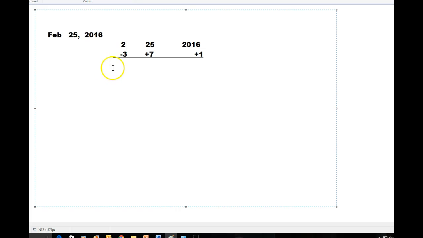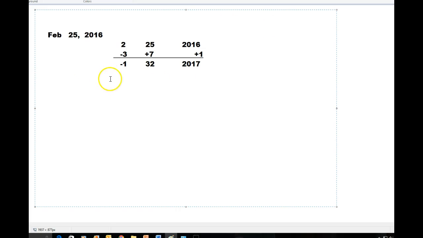So when you subtract 3 from 2, you obviously have -1, right, you guys? -1. And then you're going to have 32 here. And then we're going to have 2017.